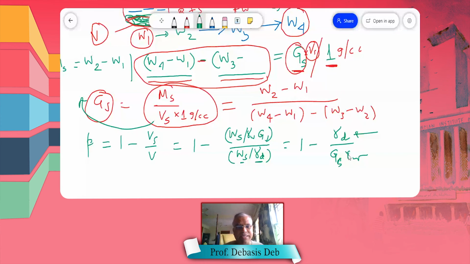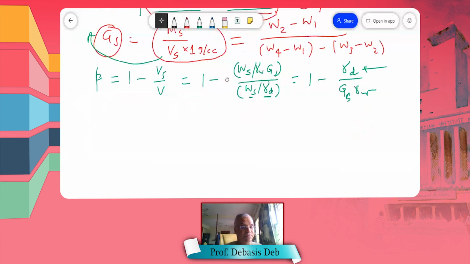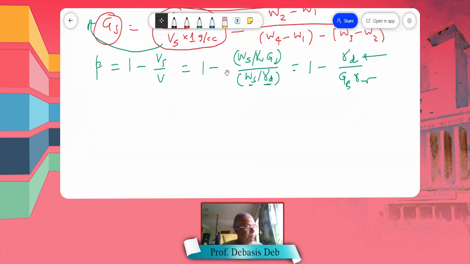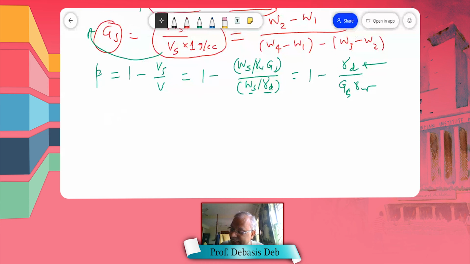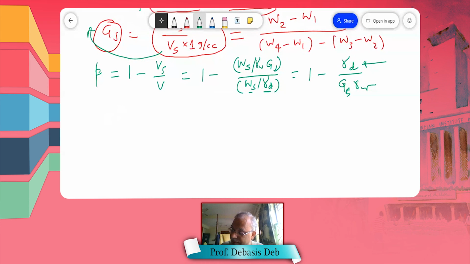I can give you a quick problem if you would like to do it very quickly. If you have the calculator and everything in front of you, the diameter of the sample is 22 millimeter.